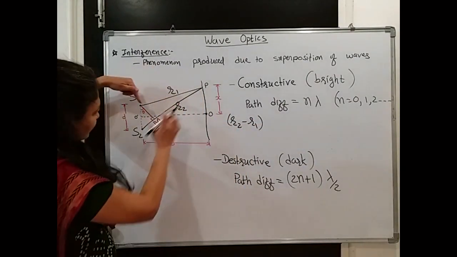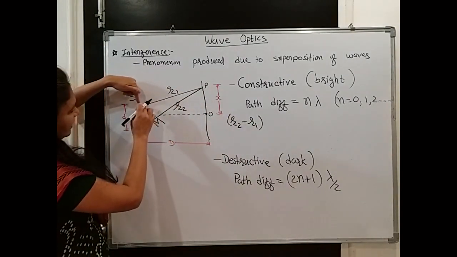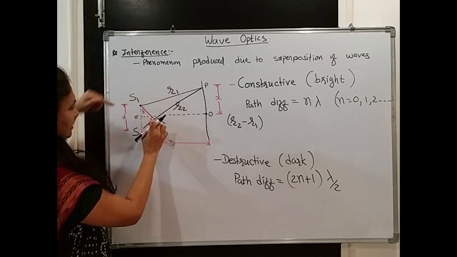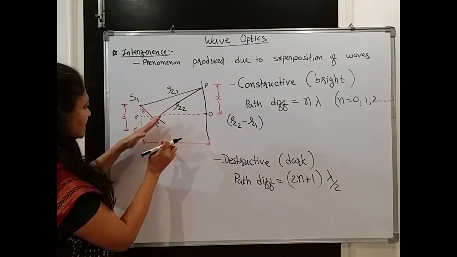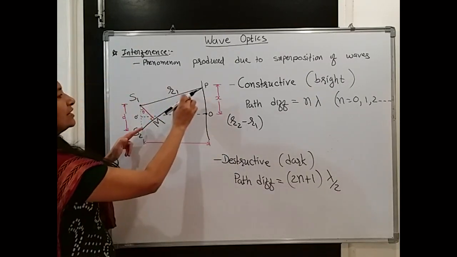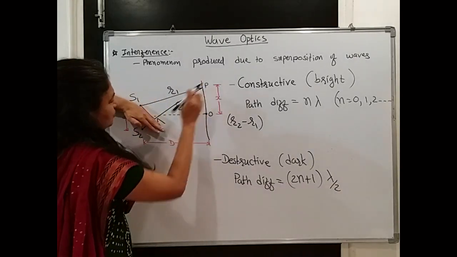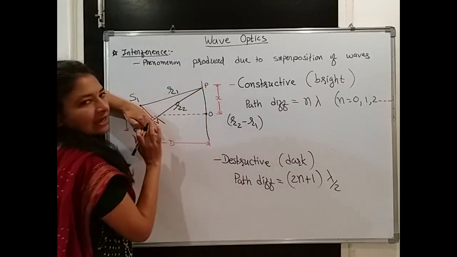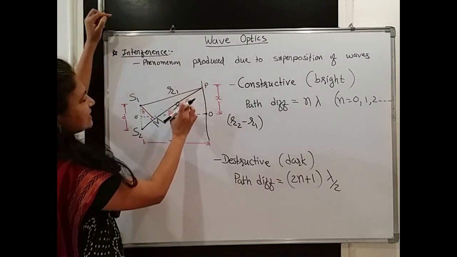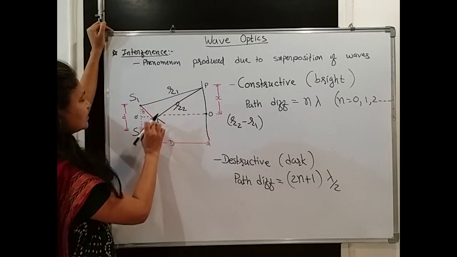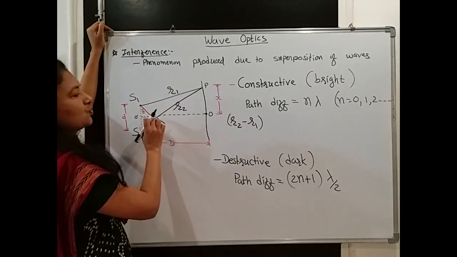Okay. Now from the figure, if I draw a perpendicular S1M, then S2M is the additional path length for ray 2, because the distance from S1 to P and M to P are the same. That means ray 2 has to travel a larger distance, that is S2M.